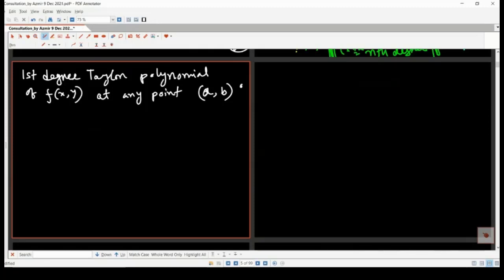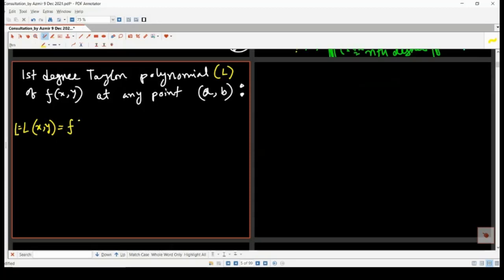So what will be the polynomial? You know that we have already denoted first degree Taylor polynomial by L, or we can say L of x comma y. Okay, the short form can also be L. L means it contains two input variables.